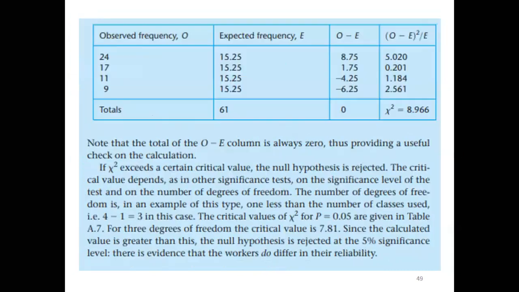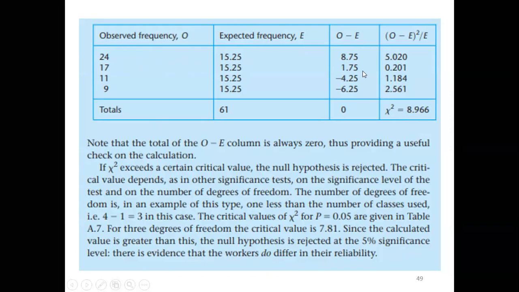So, here, these are the observed numbers: 24, 17, 11 and 9. And the expected frequency is 15.25. Then we take the difference between observed and expected frequency: 24 minus 15.25 becomes this.